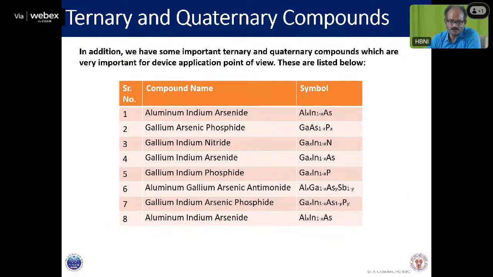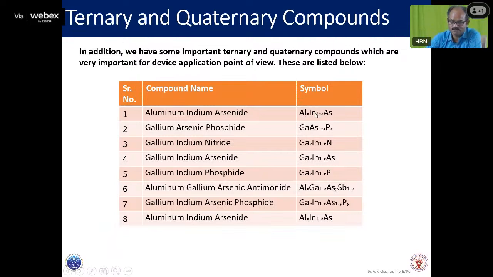And these are ternary and quaternary compounds. In addition, we have some important ternary and quaternary compounds which are very important from the device applications point of view. As we saw, it is actually a binary compound, and you add a third element with a certain fraction, so that the fraction of atoms of this element are replaced by this.